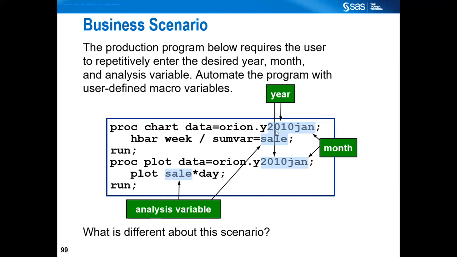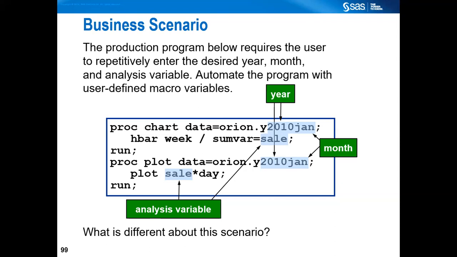If you see the name, 2010 here and Jan here, this is for a specific month and year. You have a separate table for each. Like this, you may have for every year its respective months' tables.